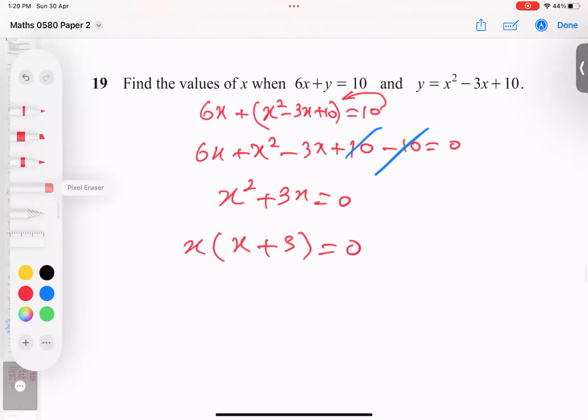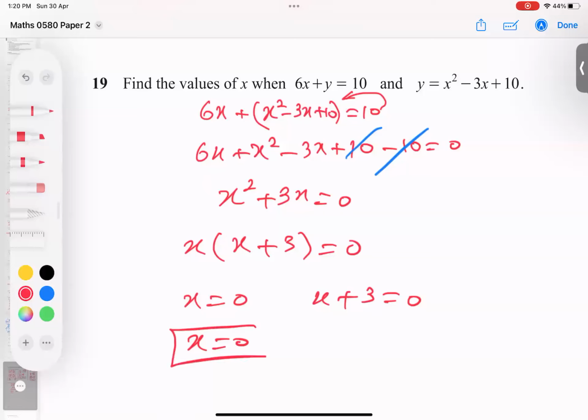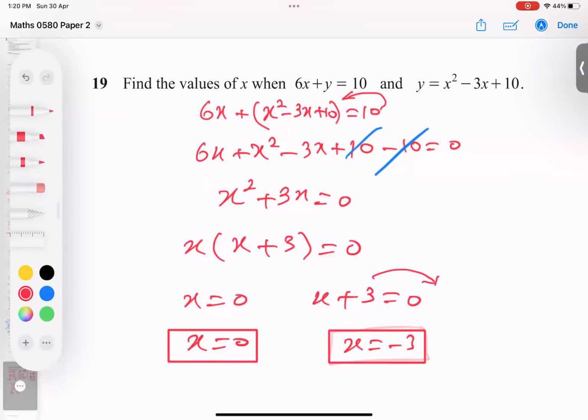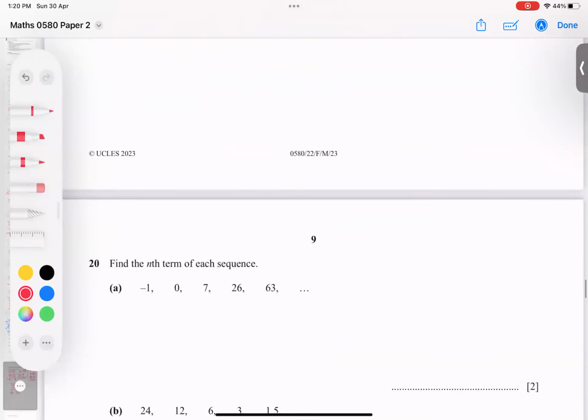When you have a number here, then we apply the quadratic formula, but there is no number here. So either this is 0 or the whole thing equals 0, one by one. So I'm getting 0 from here, and 3 goes to the other side, and I get x equals minus. And I hope this idea is clear.